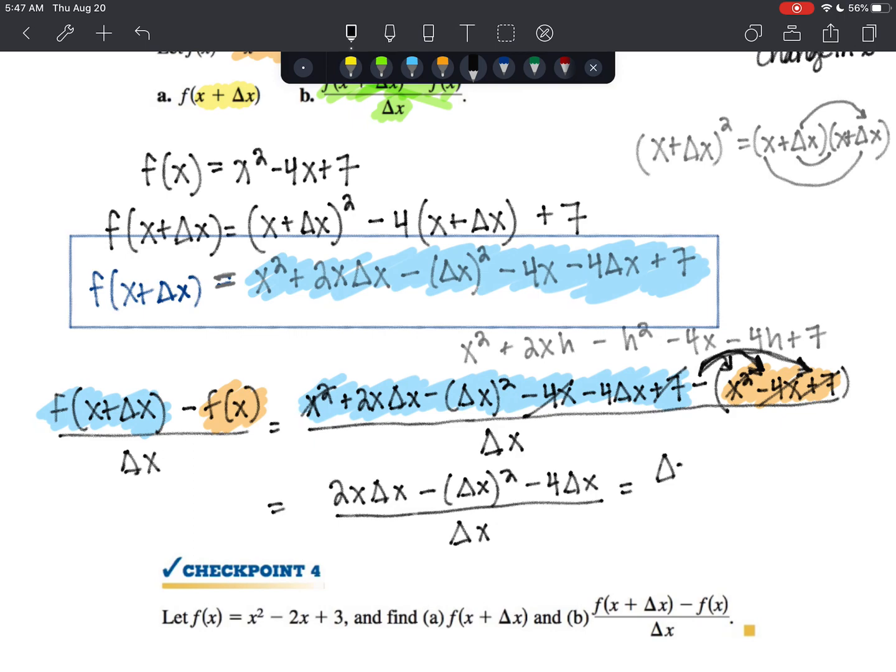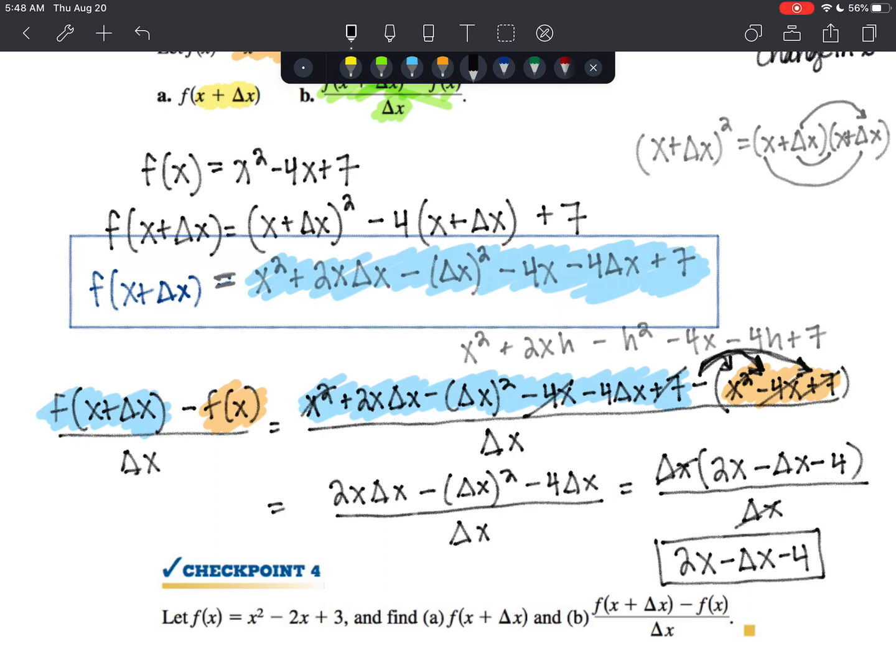If I factor out a delta x in the numerator, I get 2x minus delta x minus 4. And that's all over delta x. These delta x's cancel, and our answer is 2x minus delta x minus 4.